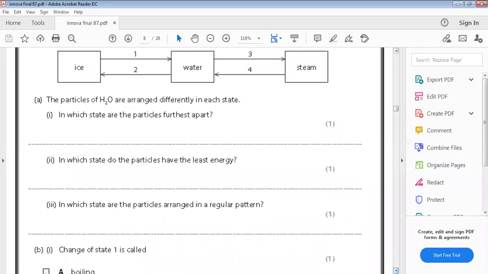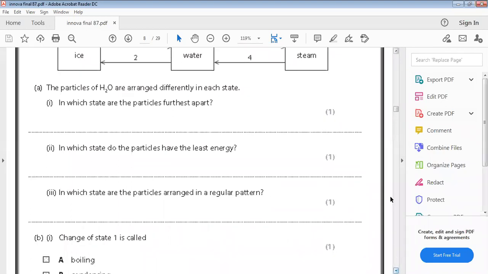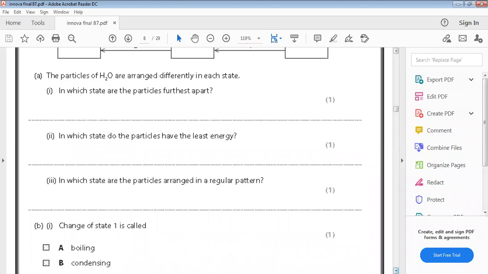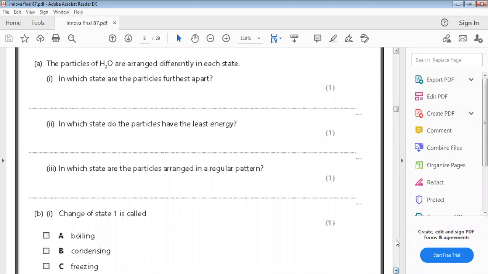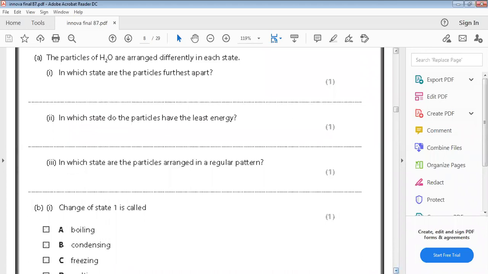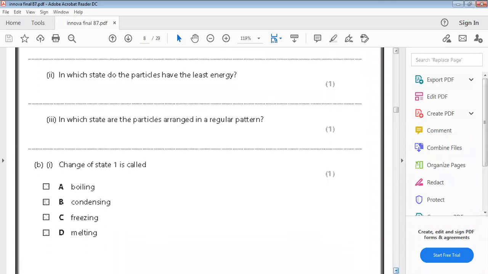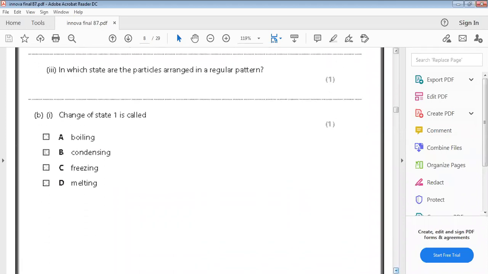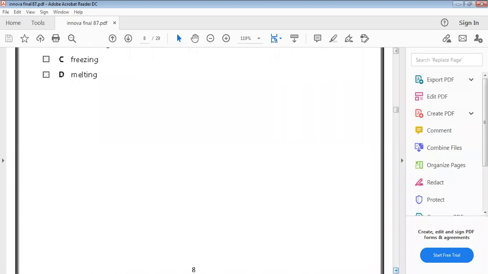The ice. Yes. Changing from ice to water is called what? Melting. Okay.